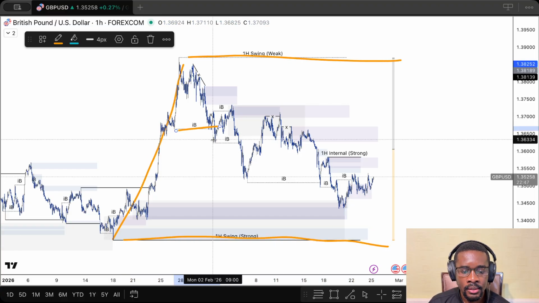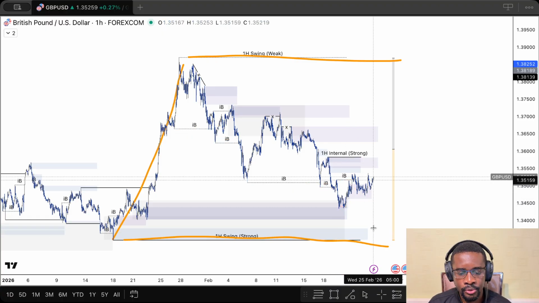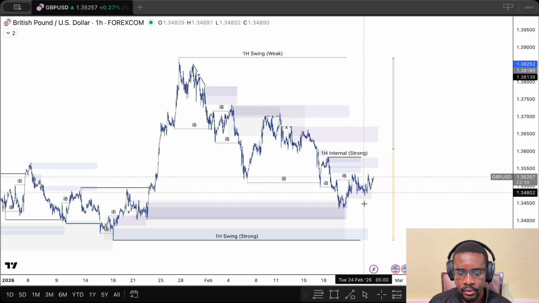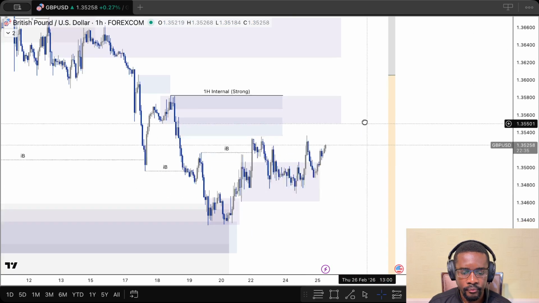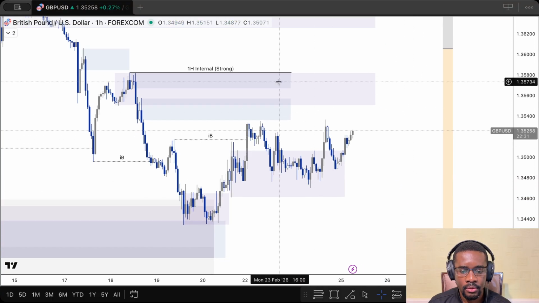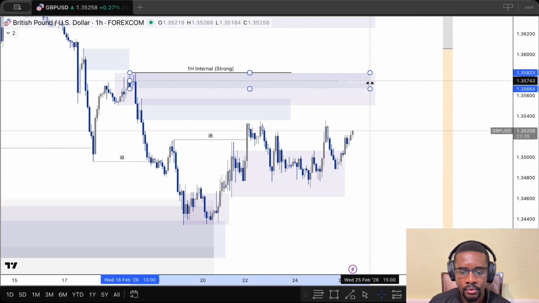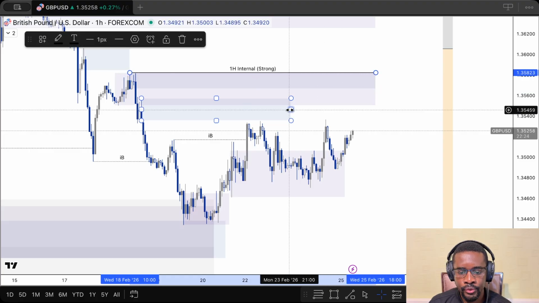And then internally, we are bearish. And then we've just shifted bullish from an internal perspective. So internally, we are now bullish.